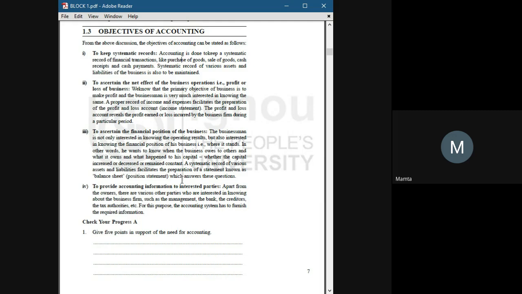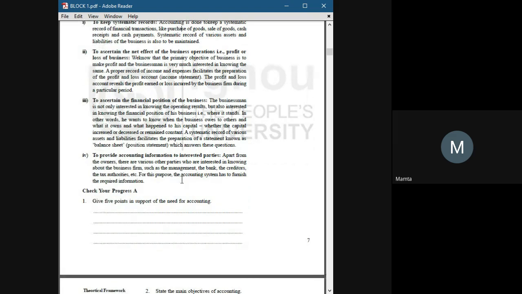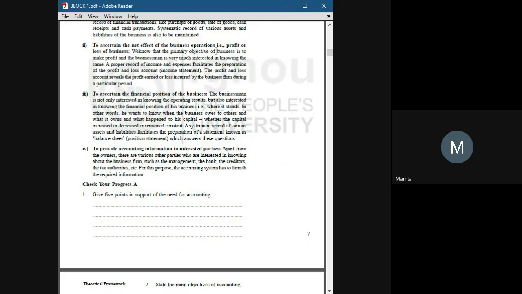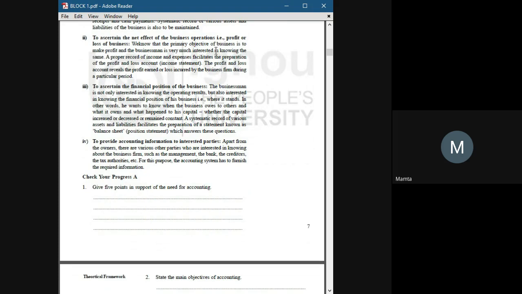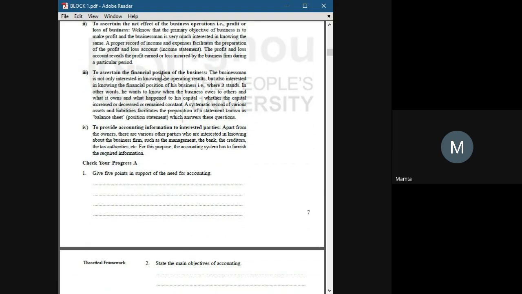So to keep a systematic, chronological record, to ascertain the net effect of business operations like profit or loss, which we just discussed, and to ascertain the financial position of our business, like suppose we are in the textile business, we are making clothes.